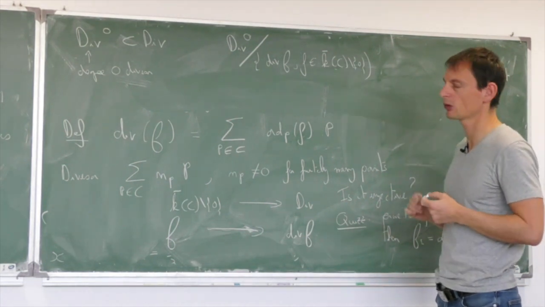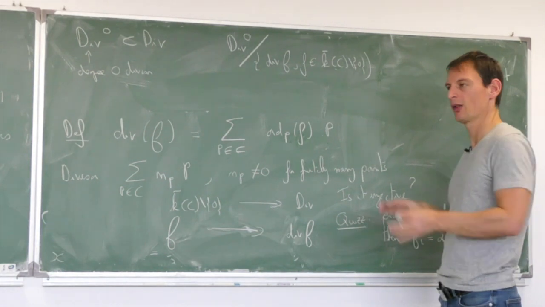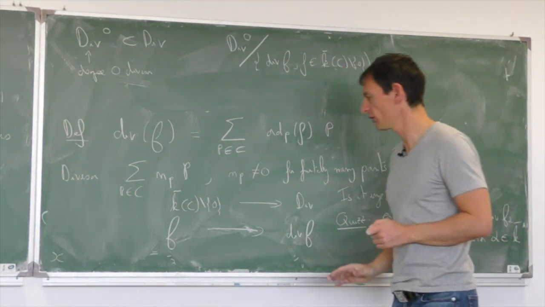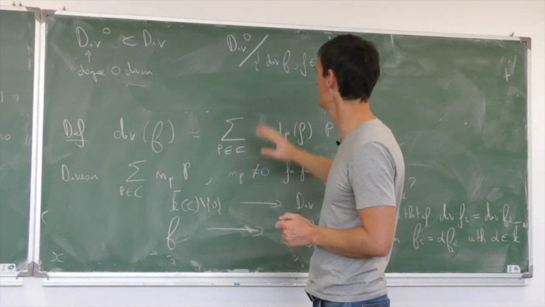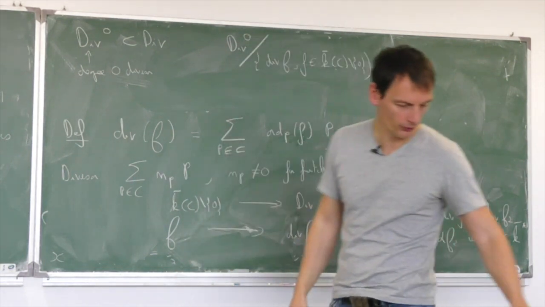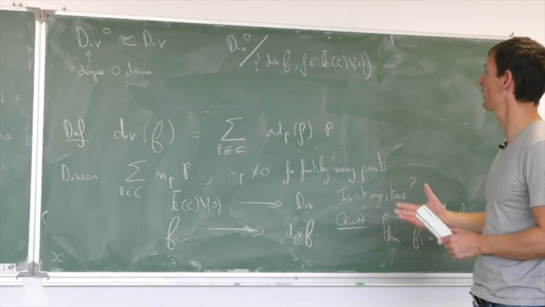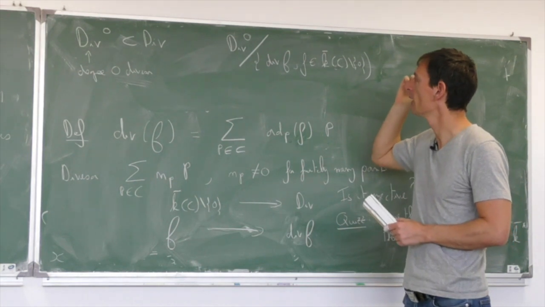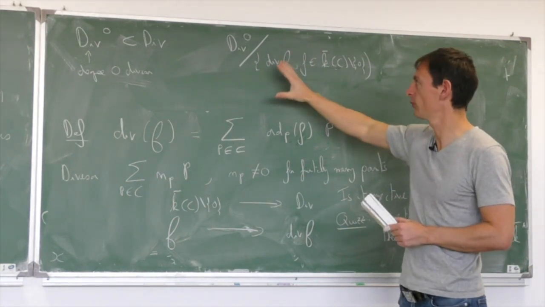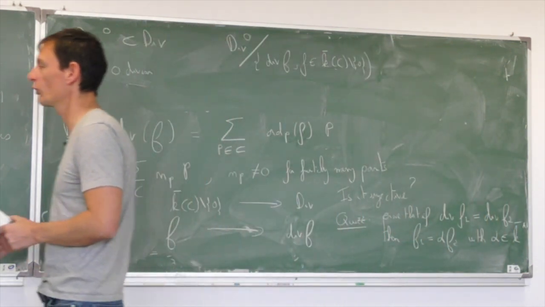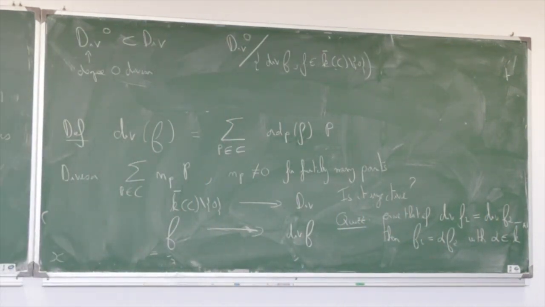This is going to come in the second part of the lectures. But it's a very interesting object, and you see its realization here. Somehow, it measures the difference between all the divisors of degree 0 and what are called the principal divisors, the divisors of a function. And, just as a spoiler, this is never trivial, at least if the genus of the curve is not 0.